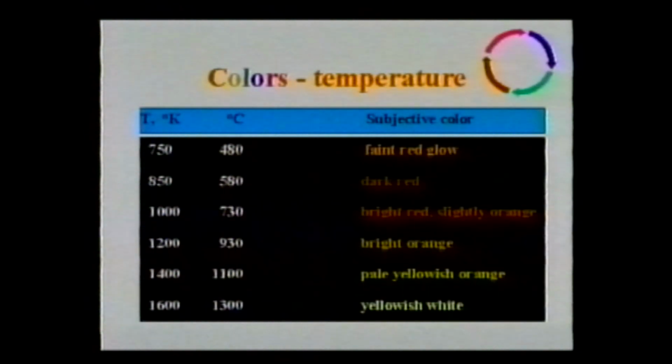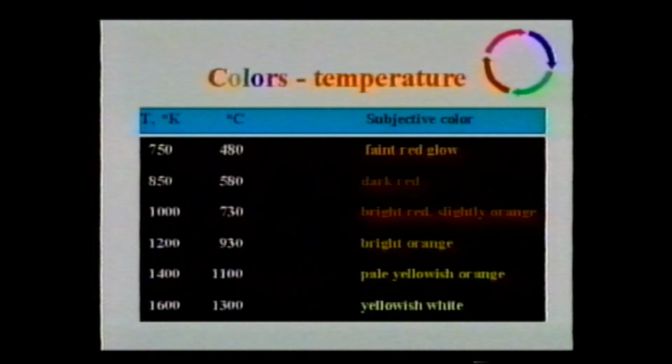Of course, one of the best things about fireworks are the colors that are involved. However, early on, the only colors that were available ranged from faint reds to yellowish whites, and these were due to the temperature of the pyrotechnic reaction occurring.